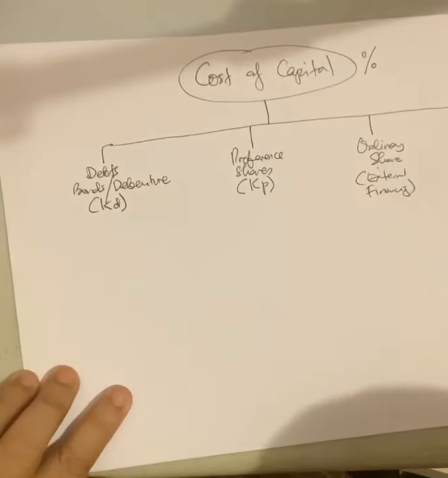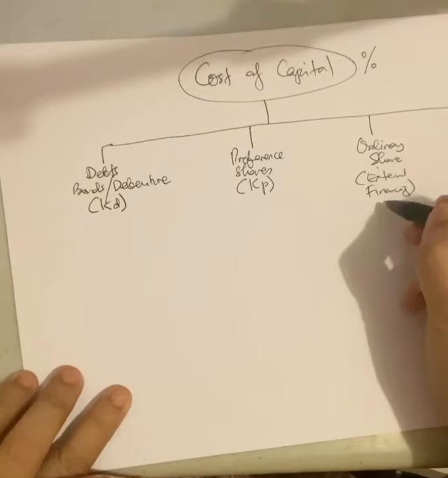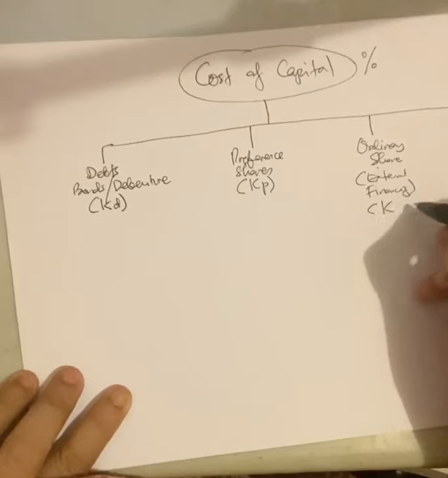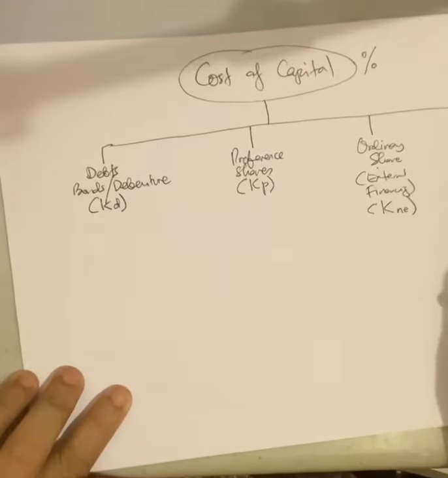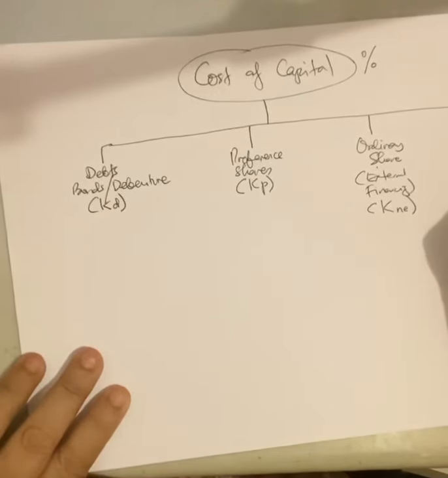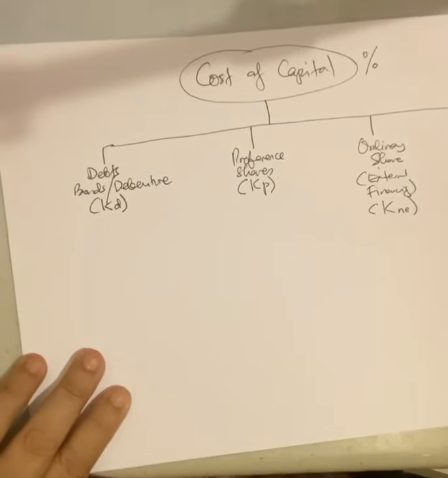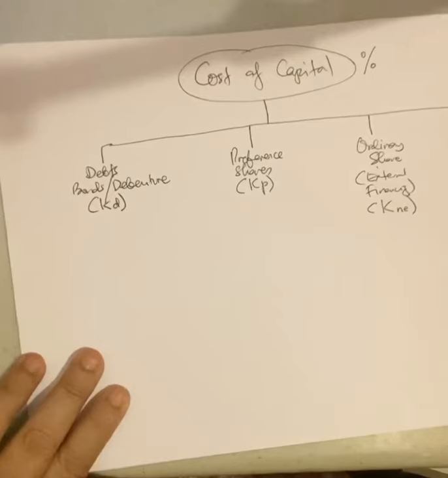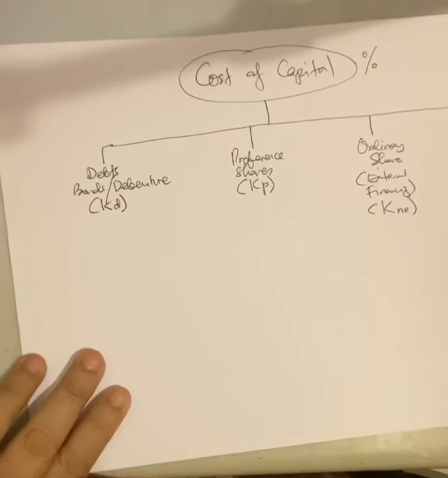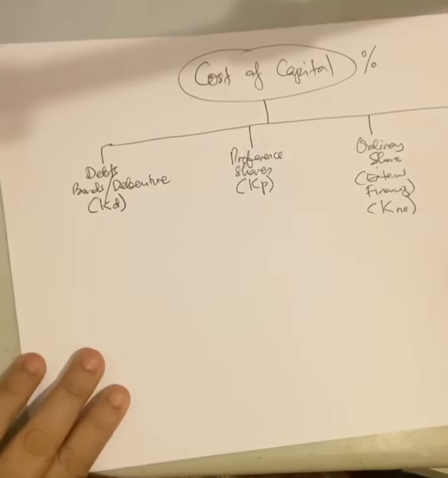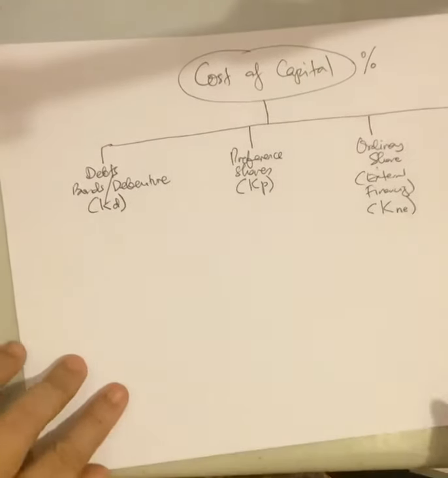External is when you issue new shares to the public. So the symbol normally we use is KNE, for new equity. And for the internal financing, we call it retained earning. So the symbol is KE.